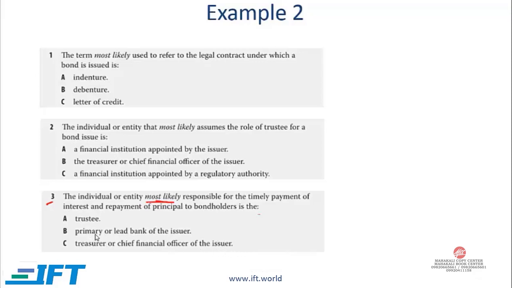You can very quickly rule out B, so the options are either A or C. And the correct answer is A, because as the curriculum points out, although the issuer is ultimately the source of payments, it is the trustee who ensures that timely payments are made. And that is the key word over here. Responsible for timely payments, that is the trustee.